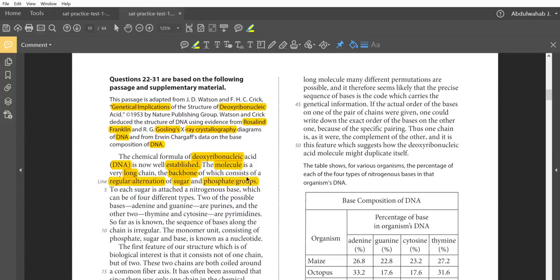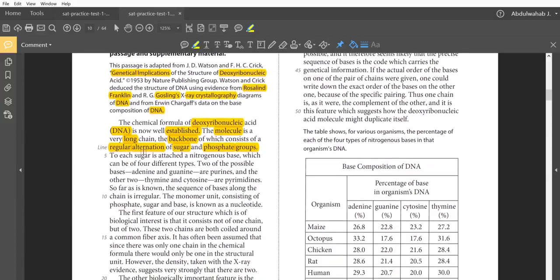So this is very important. When you're reading this, you need to focus on tiny details like these. When you have an alternation, you have a repeated kind of pattern, of sugar and phosphate groups.